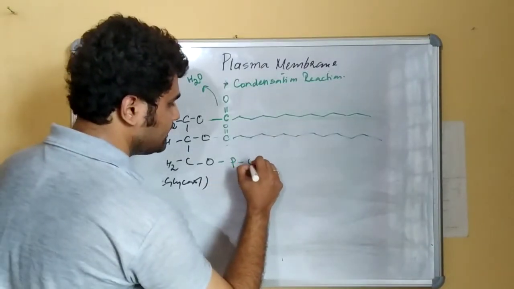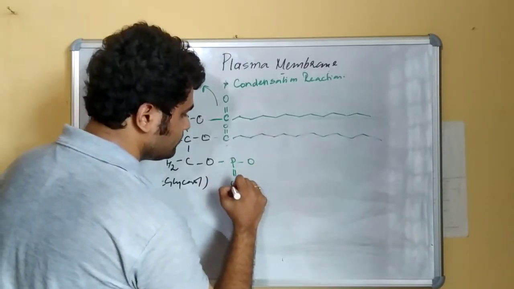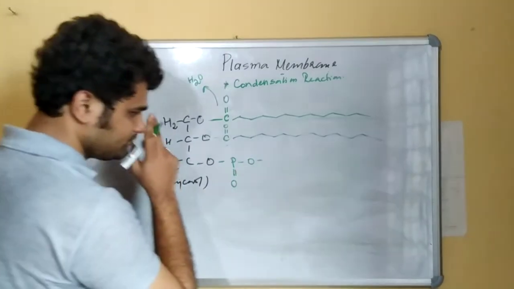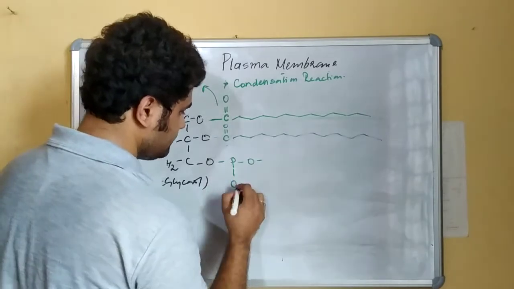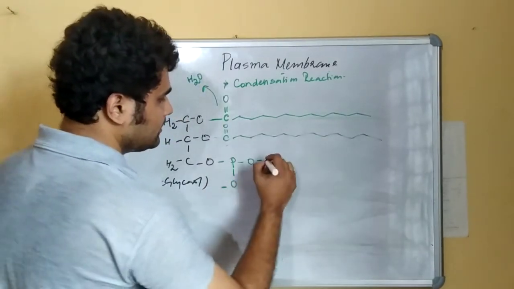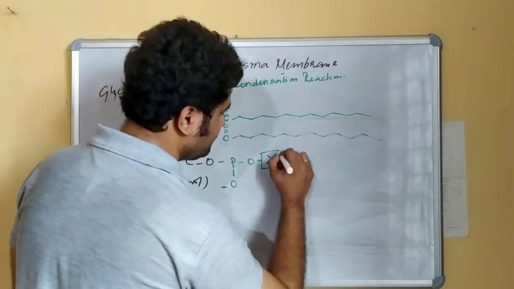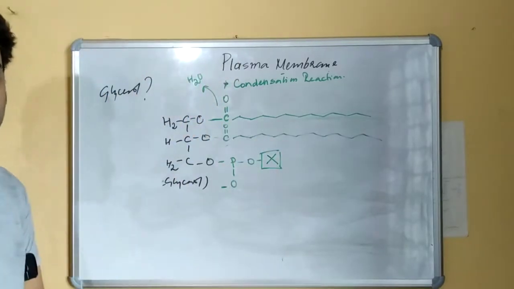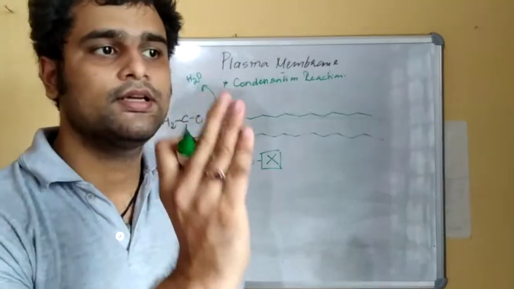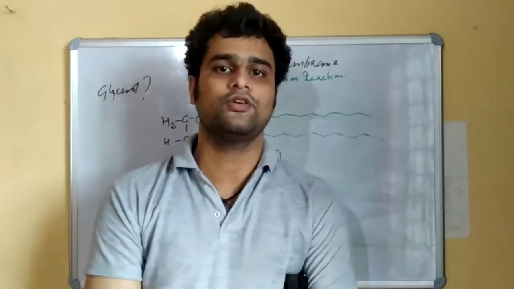So they have a phosphate group this way, with a negative charge here, and there is an X. X is a variable. I'm going to talk about X in a short while. So this is basically the composition of a glycerophospholipid.